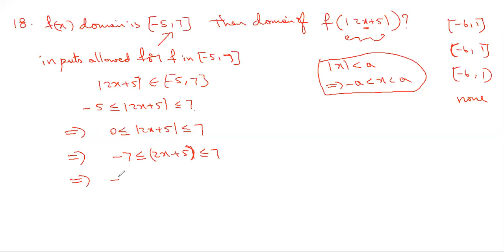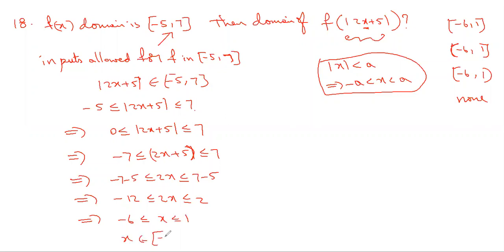Subtract the 5 throughout: -7 - 5 ≤ 2x ≤ 7 - 5. Then -12 ≤ 2x ≤ 2. Divide by 2, so -6 ≤ x ≤ 1. So x belongs to the closed interval [-6, 1]. We have an option like that. That is the first option.